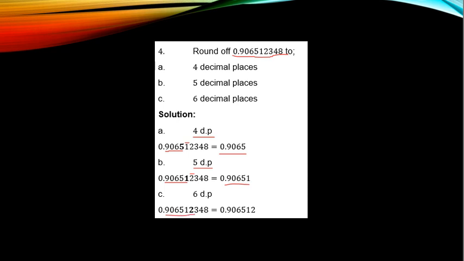You look at the next digit, 3. 3 falls in the category of rounded down to 0. You add 0 to 2, it remains as 2. So 6DP of the number is 0.906512. So this is how numbers are approximated or rounded off to a number of decimal places, decimal numbers precisely.